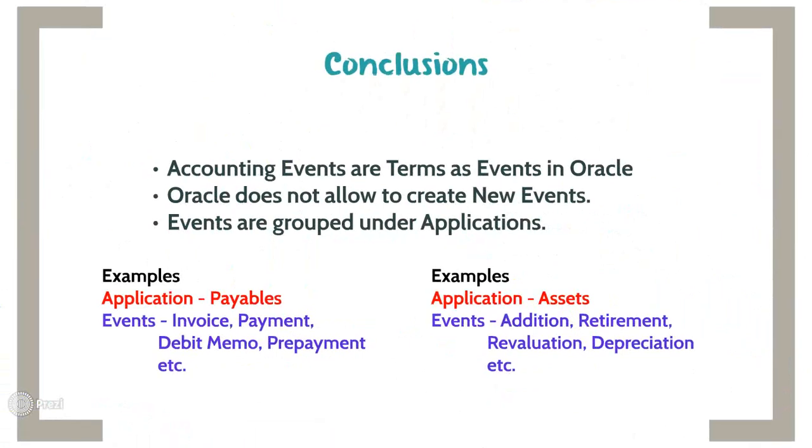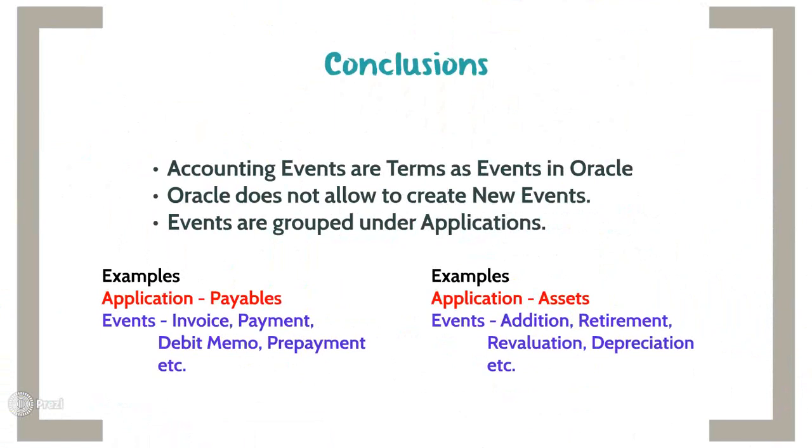So till now, what we concluded is accounting events are in Oracle also termed as events. Then that is one thing you need to remember, that Oracle does not allow you to create new events. Whatever seeded events are available, you can only use those events. So here by events means these events are linked with the form.